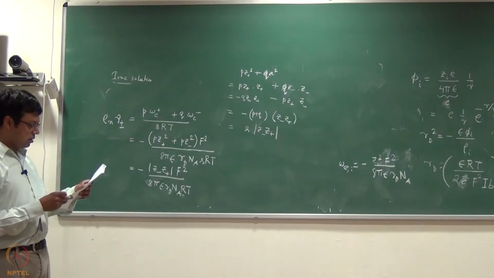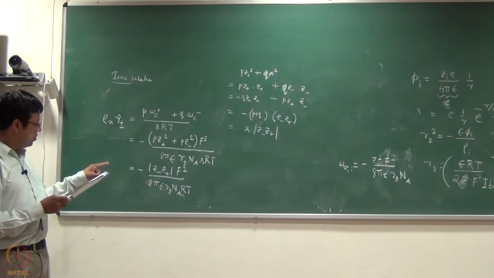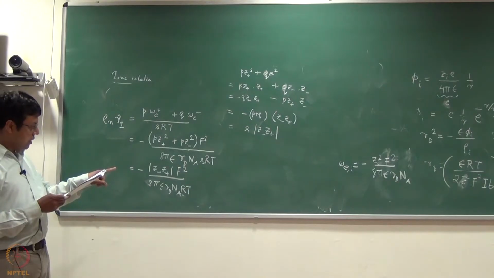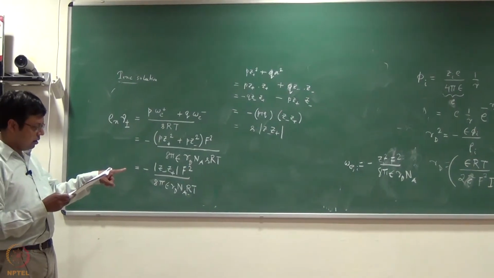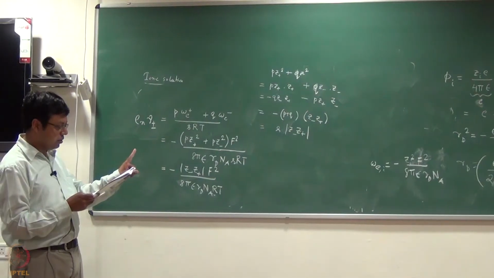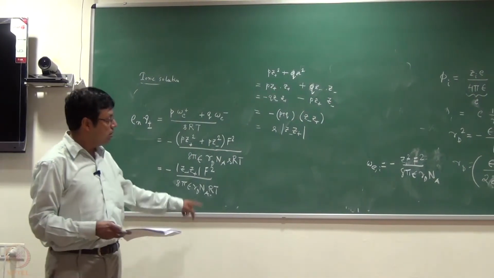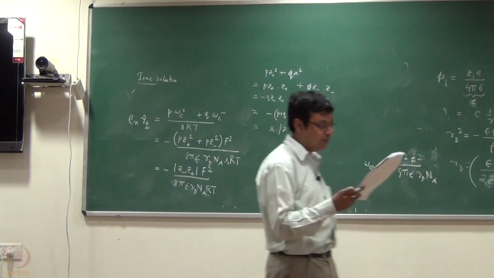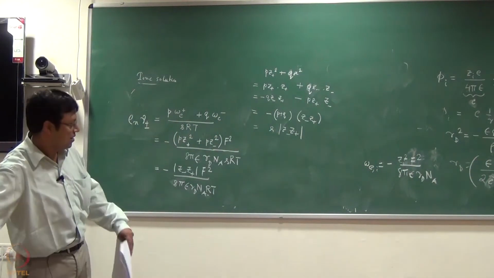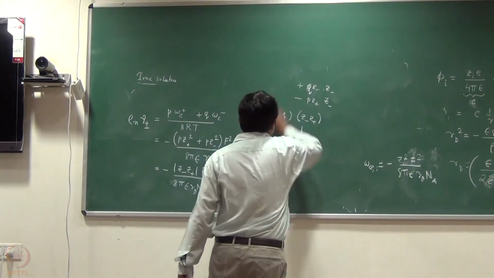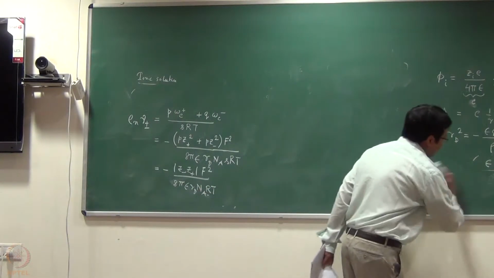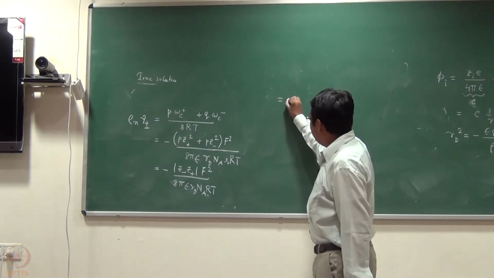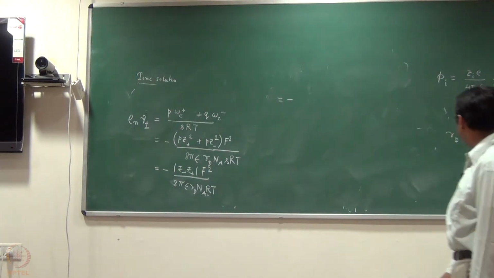Clear? Let me just check whether we've done it correctly. Z plus Z minus F square, 8 pi epsilon RT. Fantastic. Now what is RT? RT is this big guy. Let us actually write it. Minus, is basically 1 over RT.